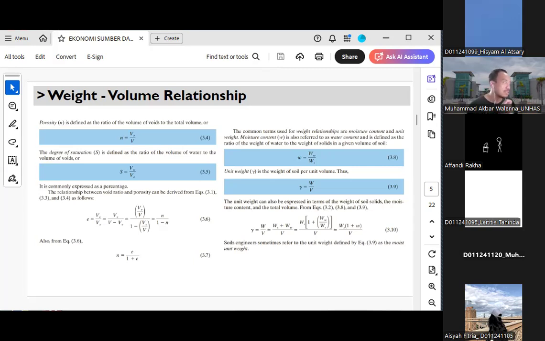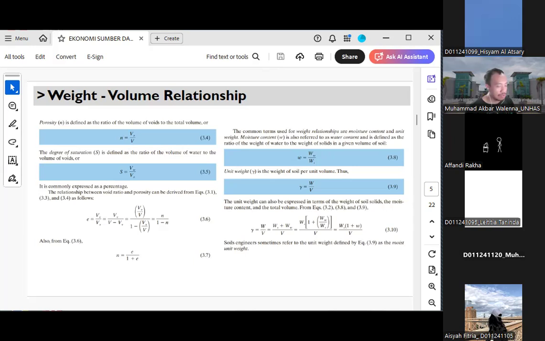If the degree of saturation is 0%, it means that the soil is completely dry, because there is no water occupying the existing void spaces. Now, if S, the saturation, is 100%, that means that the soil is fully saturated. It means that all the existing voids are filled by water.